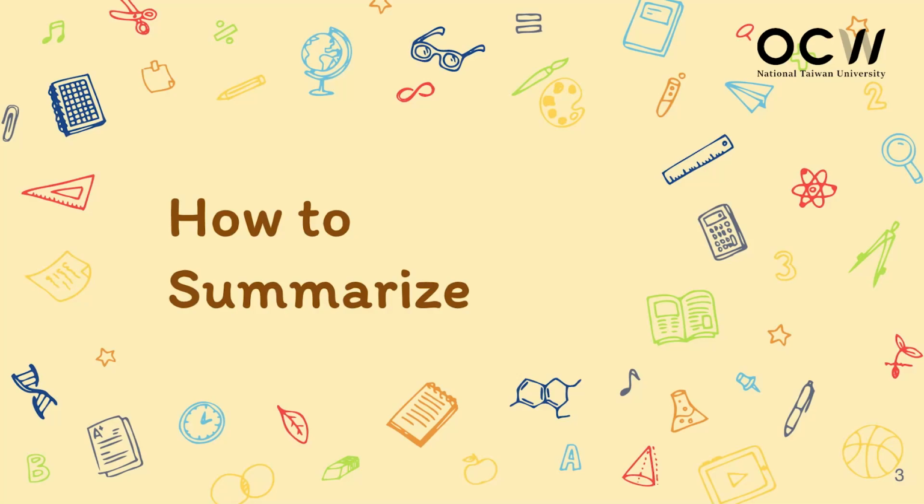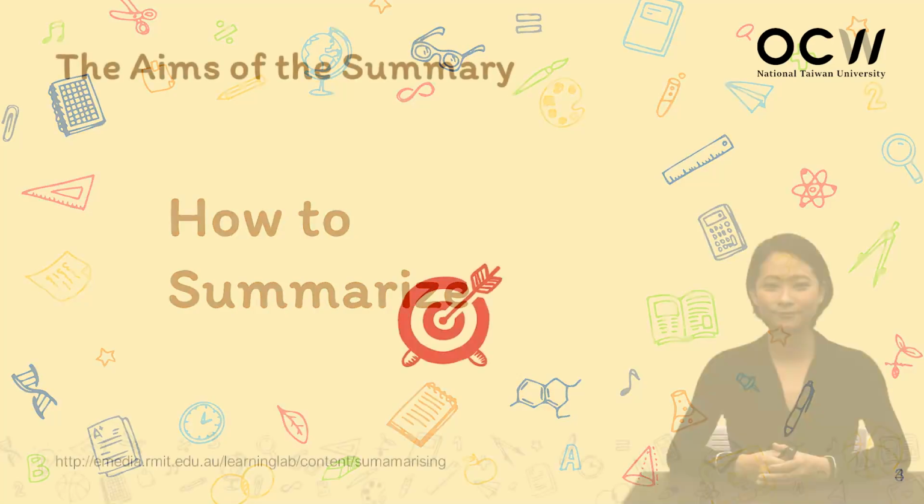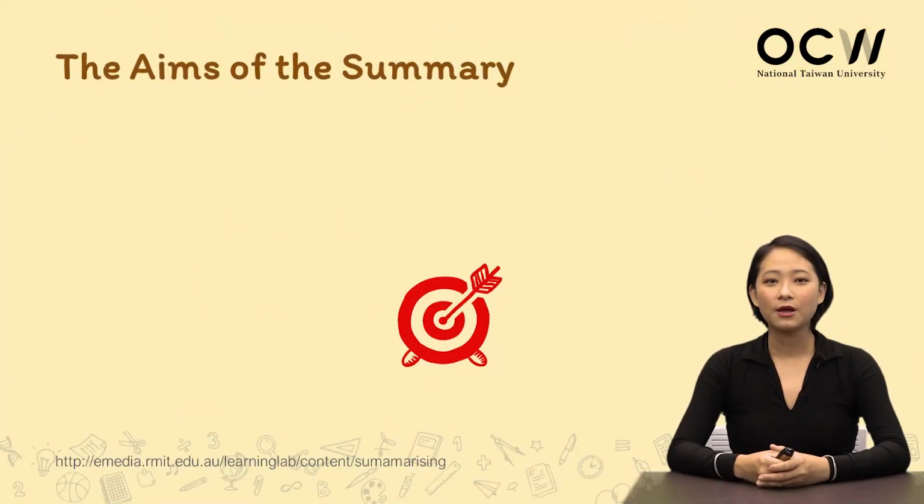Part 1, how to summarize. Before we get started, you need to understand why we need a summary. When we are encountering an abundance of information from different research, it is essential for us to compile different parts and take away the most important bits that we wish to use in our research.